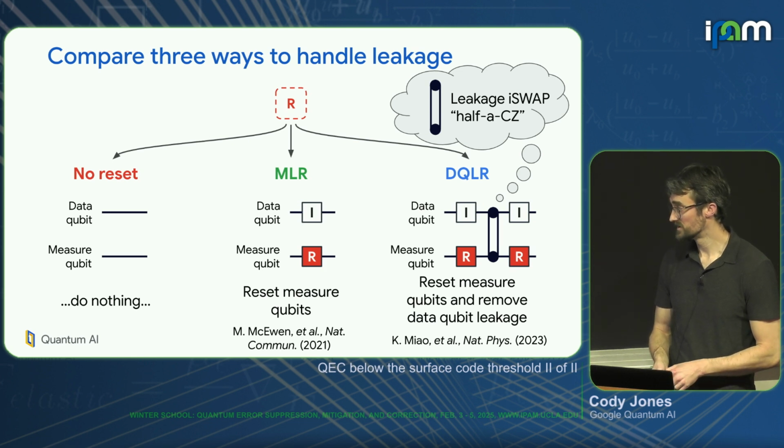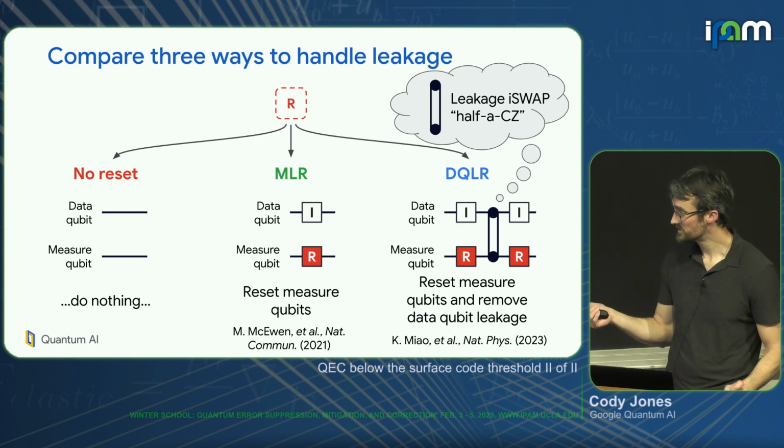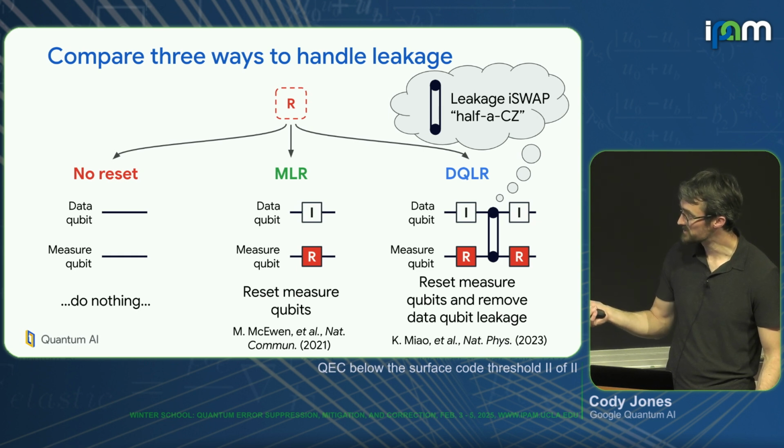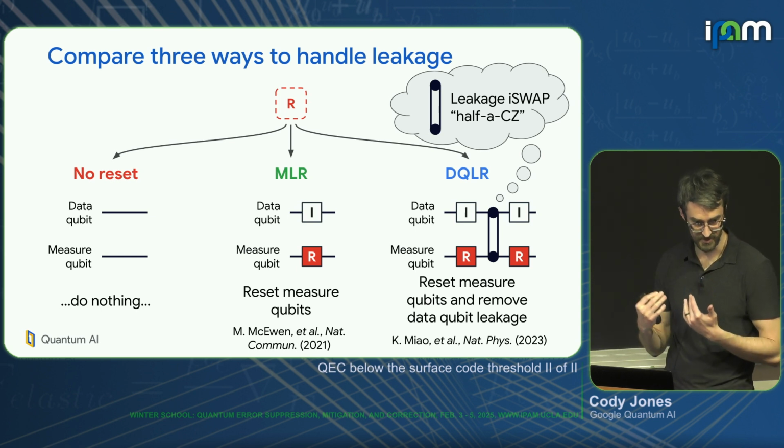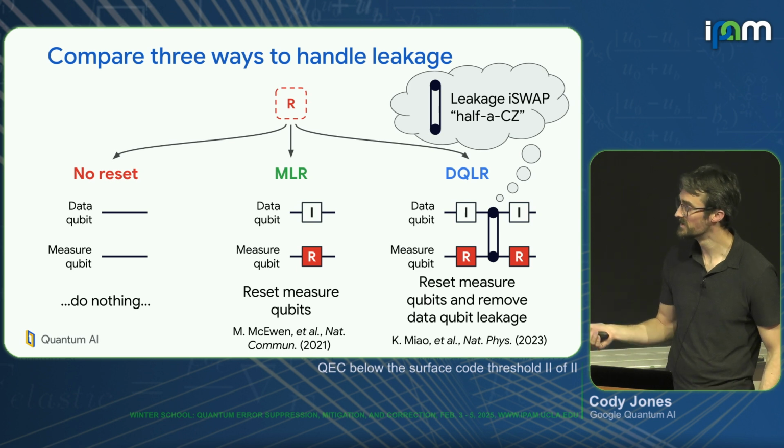Well, it's using elements that we already have, meaning that we need a reset, and MLR is a particularly attractive form of reset. And then the DQLR, this interaction is a close cousin of the CZ gate. It's a slightly different frequency tuning, but it's using the same control knobs, just with different parameters.